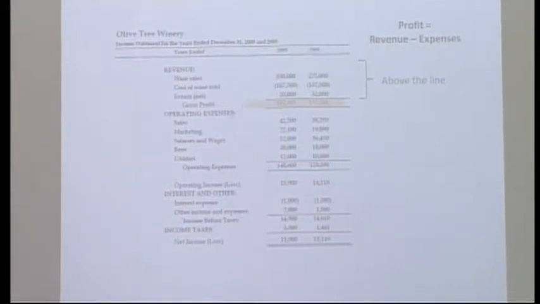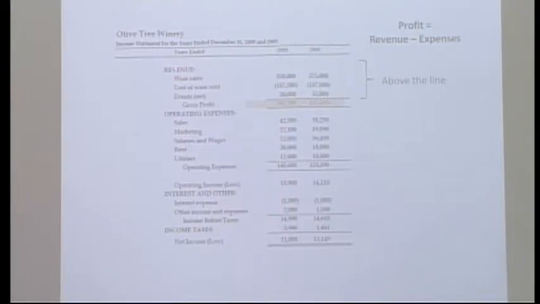The income statement here is an example of an olive tree winery. Profit and loss statements have some components. First, you always start with revenues, which in this example means wine sales. Then you continue with the cost of wine sold.